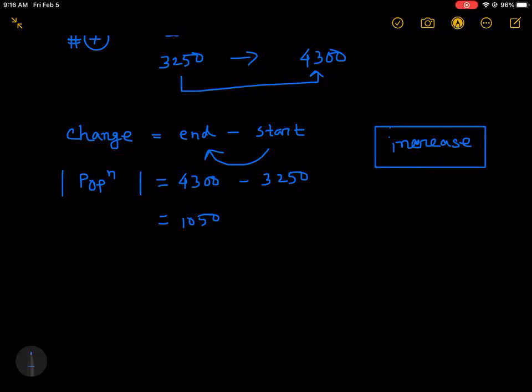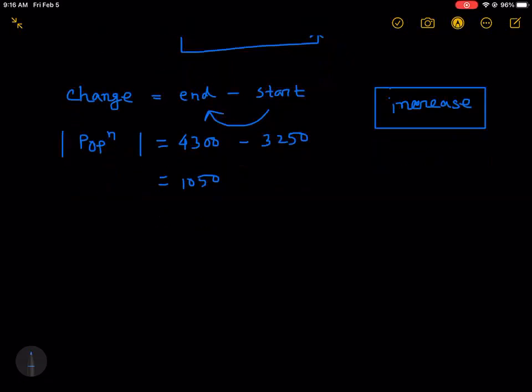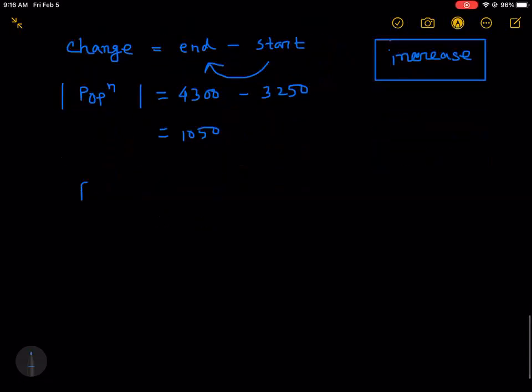So what should be the relative change? What's the formula we have used for that? You take the absolute change and divide it by the original value, I think. So that's the absolute change, that's the relative change.